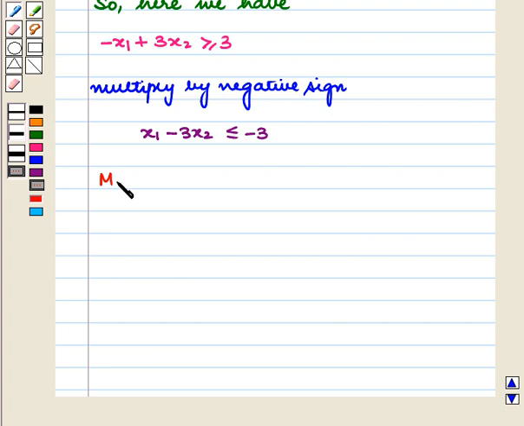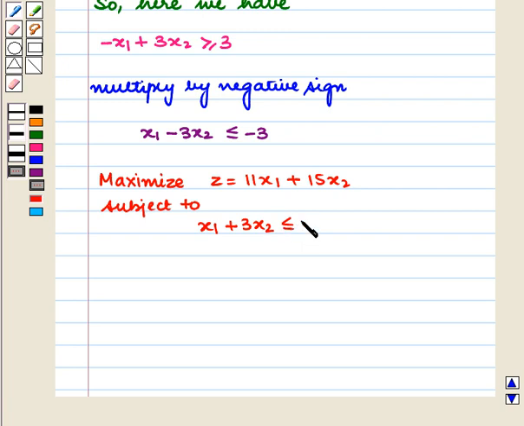So we have maximize z equal to 11x1 plus 15x2 subject to x1 plus 3x2 is less than equal to 6, x1 minus 3x2 is less than equal to minus 3, x1 is greater than equal to 0 and x2 is greater than equal to 0.